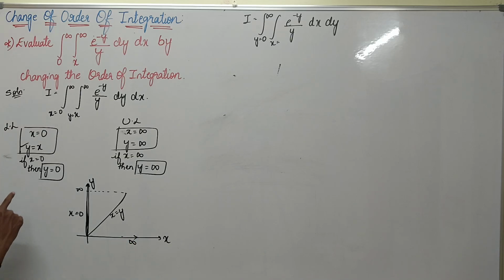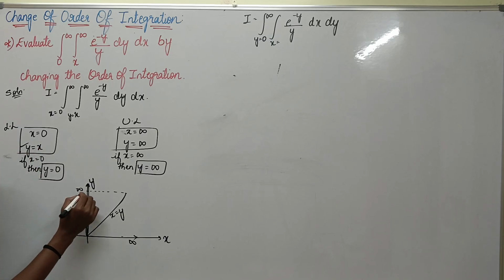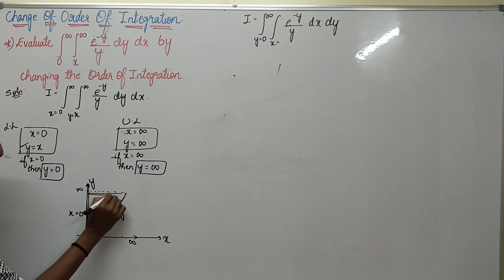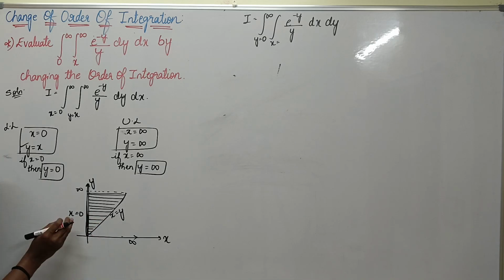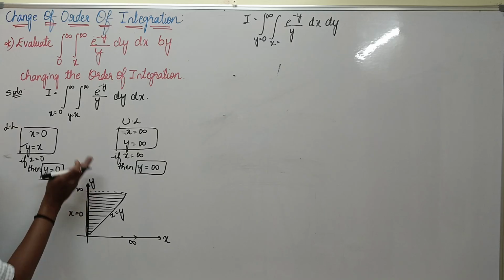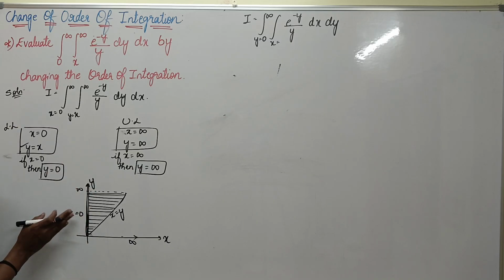But considering this only, we are going to represent the graph. That is, since x is equal to 0 to infinity with respect to y equal to x, this will be our intersection part. That's it. Since corresponding to the limit point, the interval is going from 0 to infinity, the limit points will start from 0.